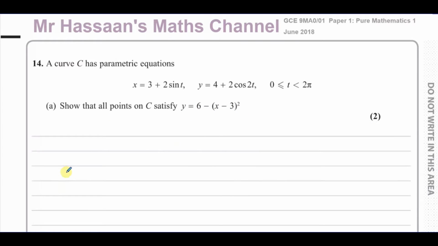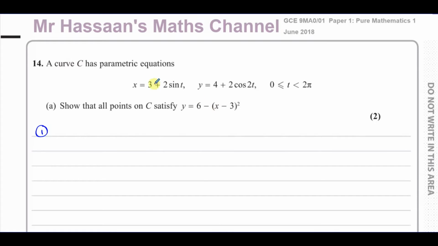Now there are two ways that we can go about answering this question, and I'm going to show you both ways. The most common way, and the way that the mark scheme would normally have as the main answer, would be to actually convert this into Cartesian form. Okay, so when they've already given you the equation, you can do two things.